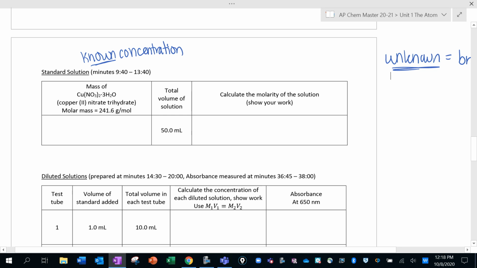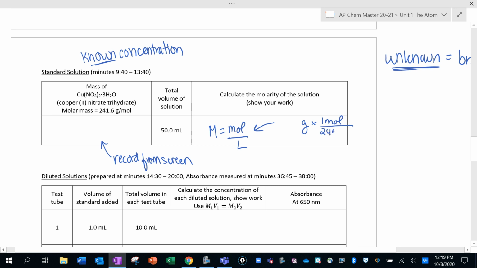And we want to do a calculation to find the molarity. This is something that you're going to record from the screen. To find the molarity, just a reminder, molarity is moles per liter. The way that you find moles is you take the mass that you just recorded over here and convert from grams to moles.